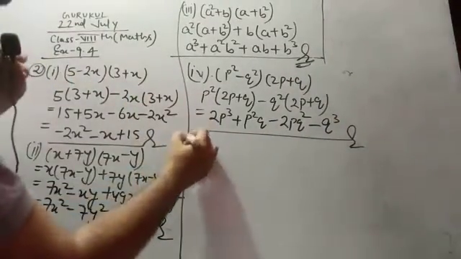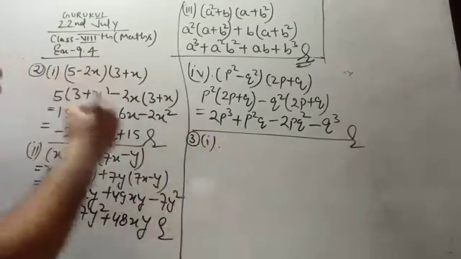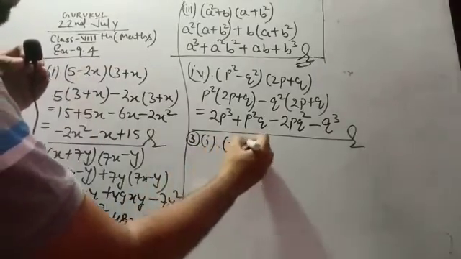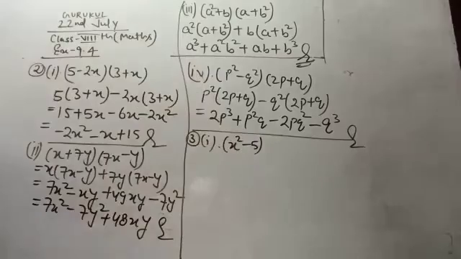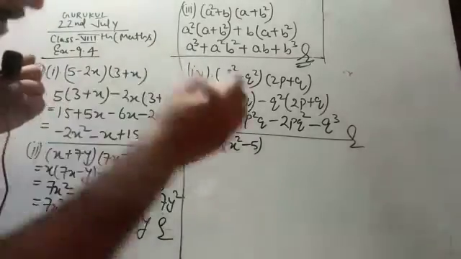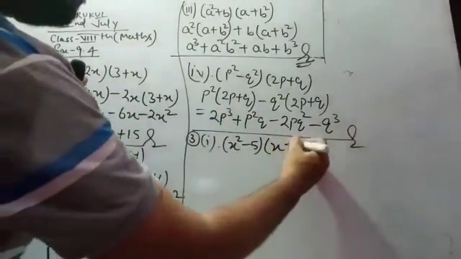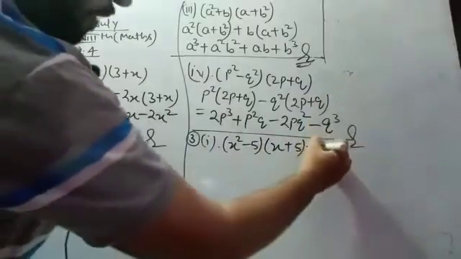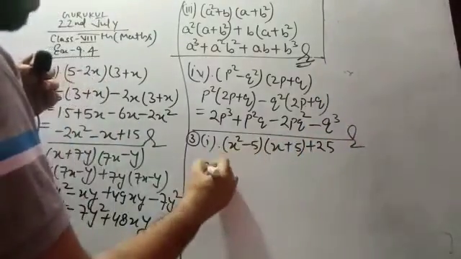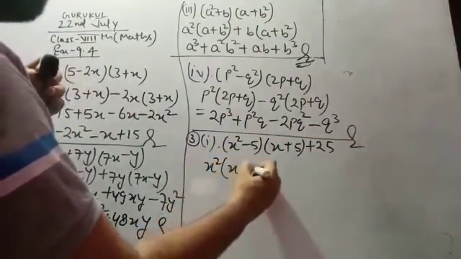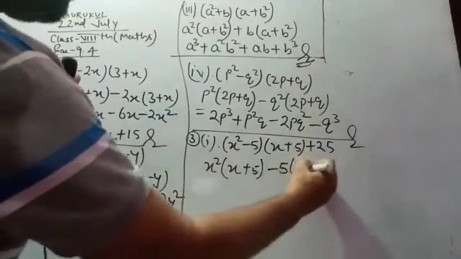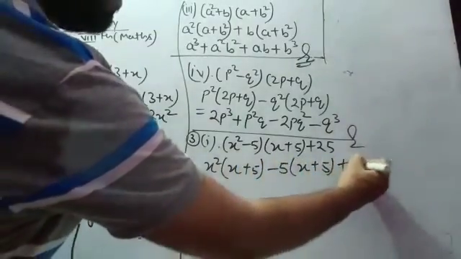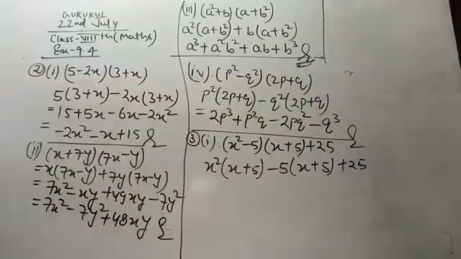Now students, question number 3, first part. We are going to begin with (x square minus 5)(x plus 5) plus 25. So firstly x square will be multiplied to x plus 5, then minus 5 will be multiplied to x plus 5, then in this product we will add 25.